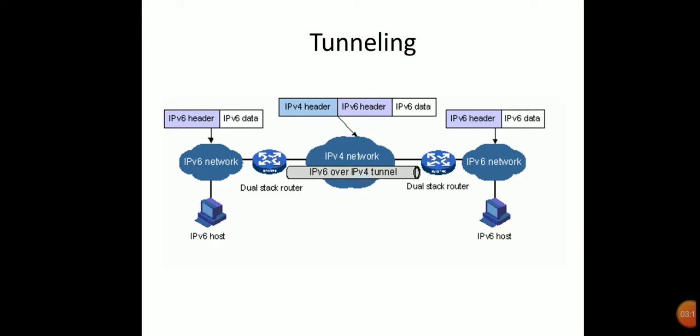In the IPv4 network, the router section has a combination of IPv4 header and IPv6 header, but only the IPv6 data passes from the source side to the destination side, because the source point and destination point use only the IPv6 protocol. So the IPv6 version data is carried from source to destination through the dual stack router, with the help of the IPv6 over IPv4 tunneling methodology, to the destination point.